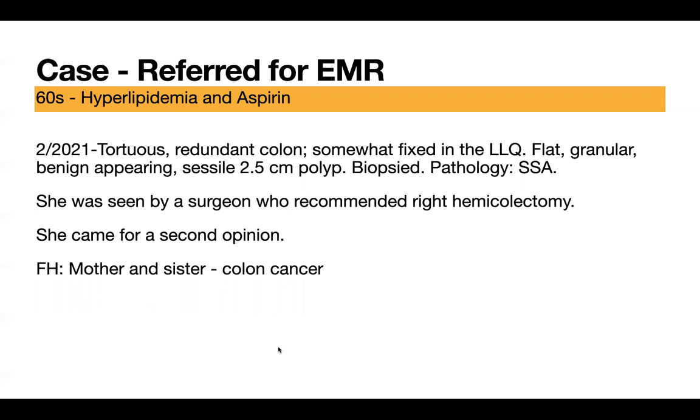The findings include a tortuous redundant colon, somewhat fixed in the left lower quadrant, and a flat, granular, benign appearing sessile 2.5 centimeter polyp. Biopsied and pathology revealed sessile serrated adenoma. I basically copied and pasted whatever I saw in the endoscopy report.